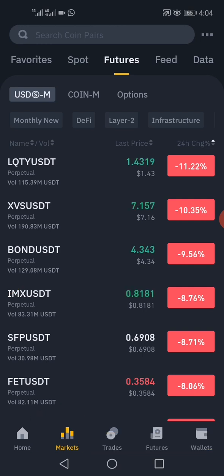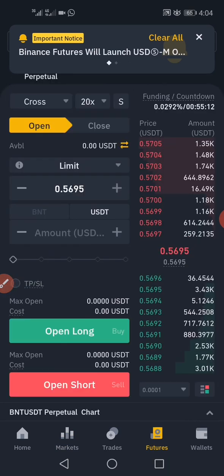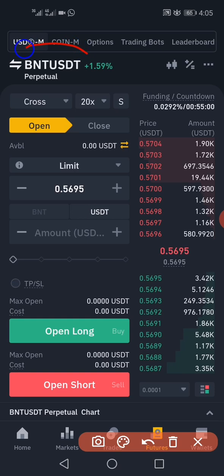Next, you click here that says futures. If I click on it, you have certain features here, certain things you need to know. Let's start from the top. From the top here, we have the name of the coin that is already on the dashboard for us to trade.